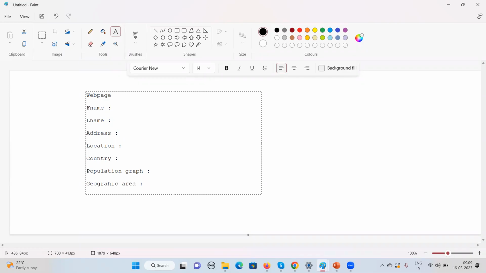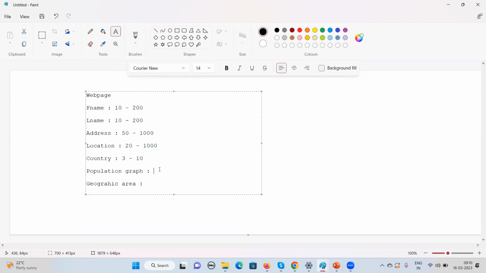First name should have a minimum of 10 characters and a maximum of 200 characters. Last name is the same thing, minimum of 10 characters and maximum of 200 characters. Address will have a minimum of 500 characters, and let us take 50. 500 is too insane, so here I'll take 1000 characters. Location could be a minimum of 20,000, and country would be a minimum of 3 and 10.